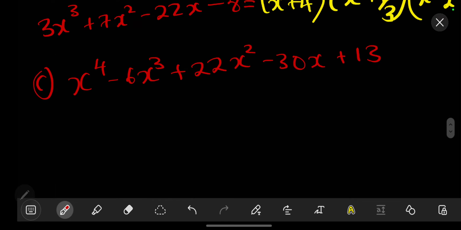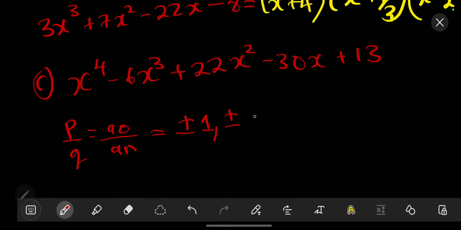Let's say we have this problem. So doing the same, our p over q, which is equal to our a0 over our an. So our a0 is 13, so we are going to say plus or minus 1, and also plus or minus 13. We divide by our an, which is the coefficient, is 1, so we just have plus or minus 1.